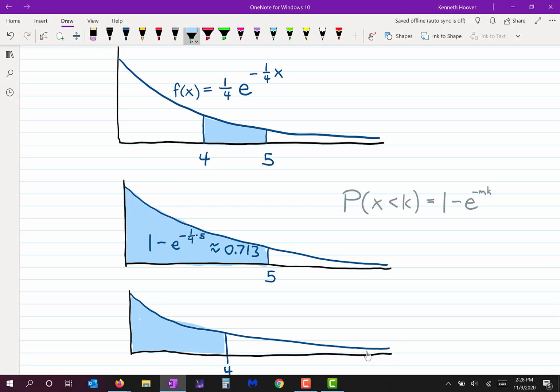Using this same formula, that's going to be 1 minus e to the negative 1/4 times 4. You plug that into a calculator or a computer, and you're going to get approximately 0.632.